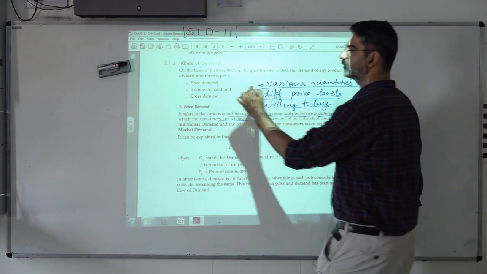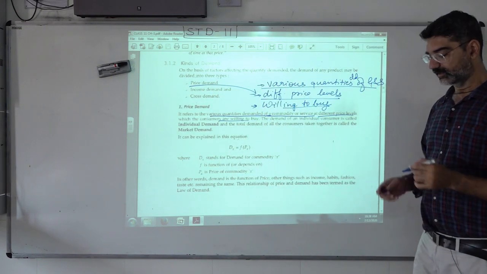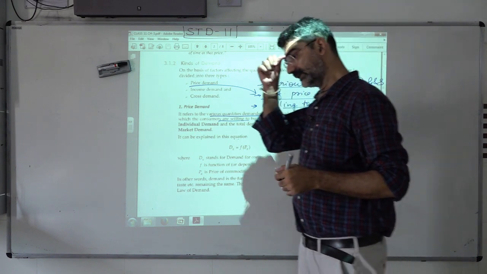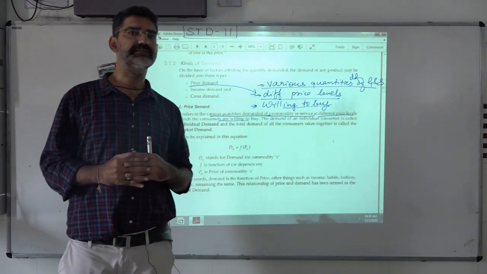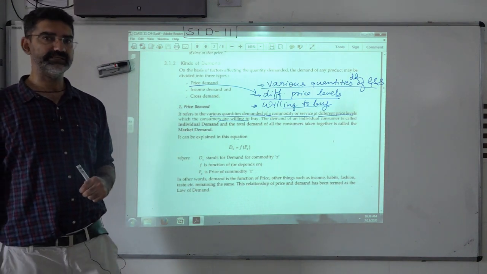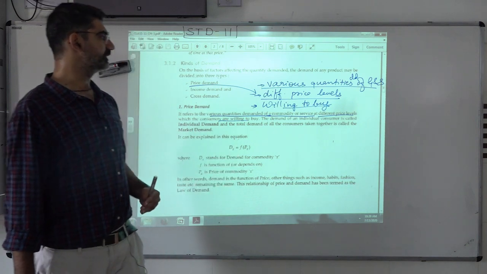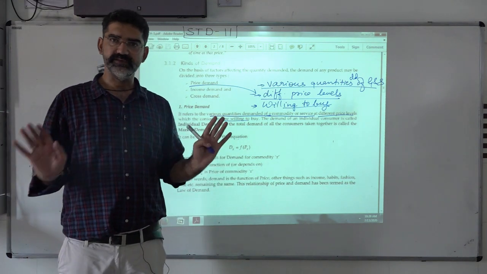Once again, we are talking about price demand. I have written this definition in different points so that it becomes easy. What is price demand? It refers to various quantities demanded of goods and services at different price levels which a consumer is willing to buy. Is it clear?